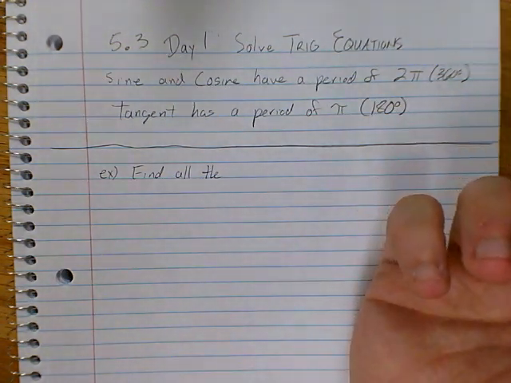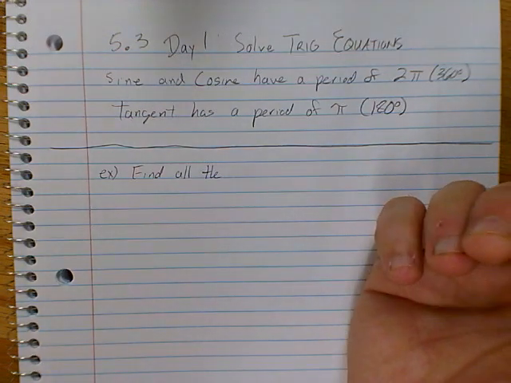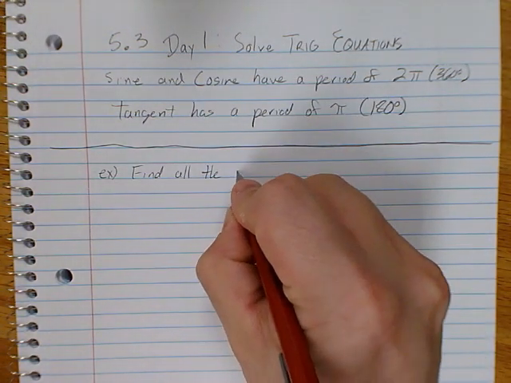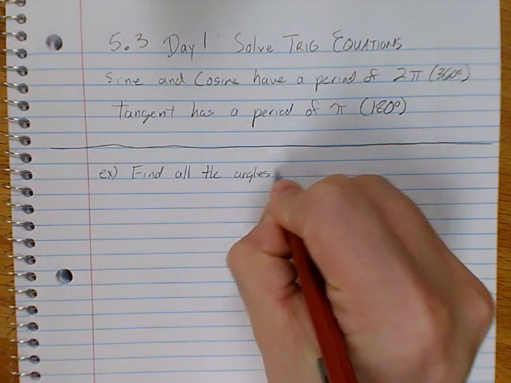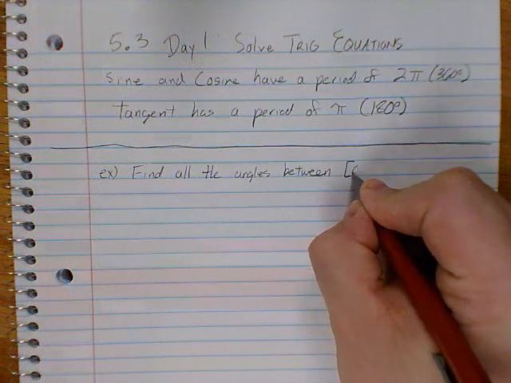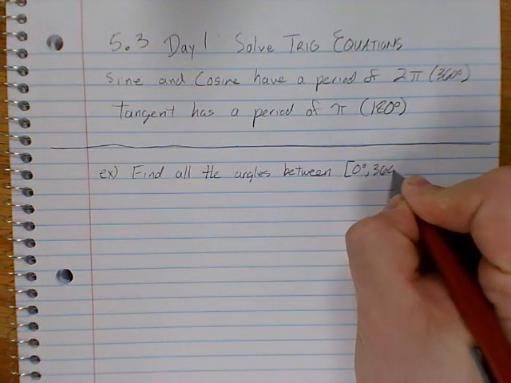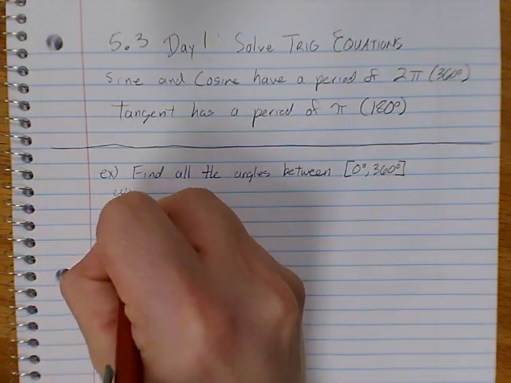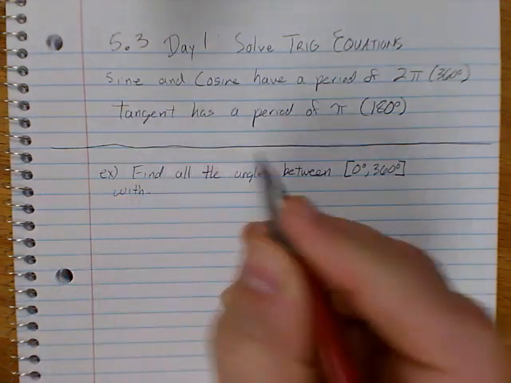Once again, you're only going to hear one take of this because I am not recording the video a second time. So find all of the angles between 0 degrees and 360 with the following sine and cosine values.